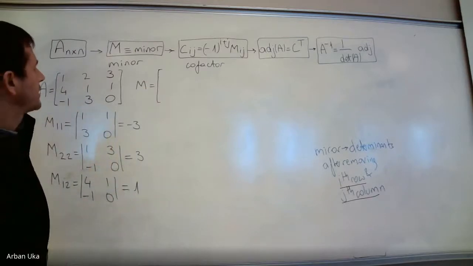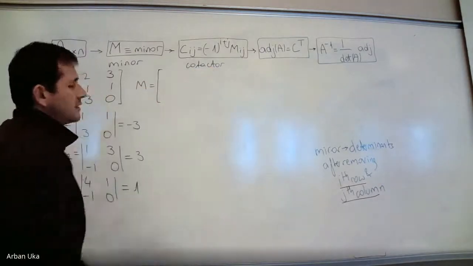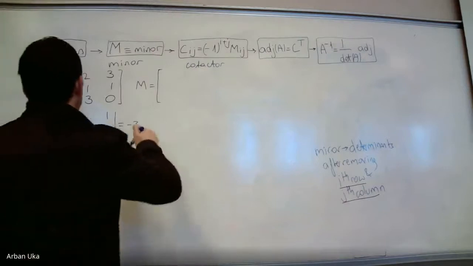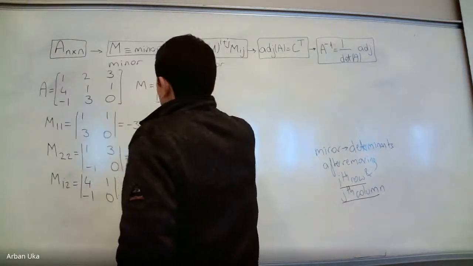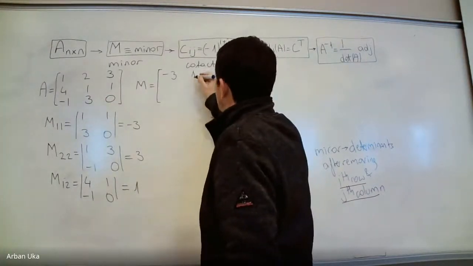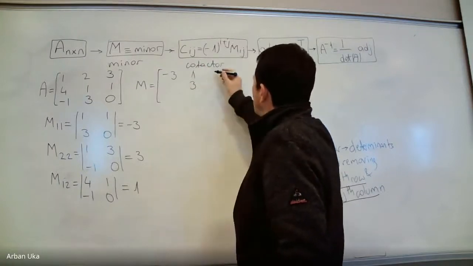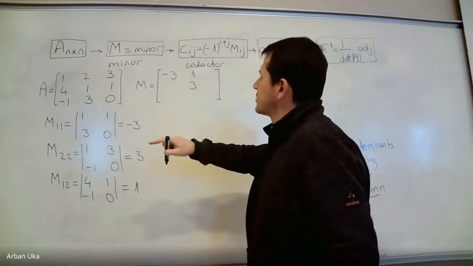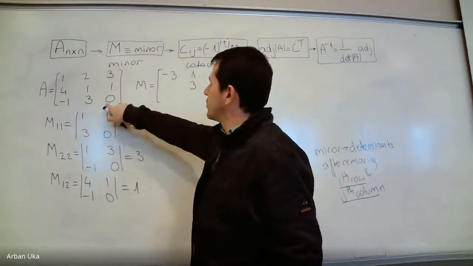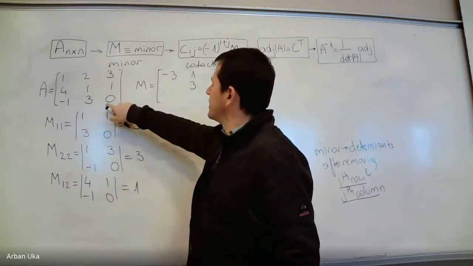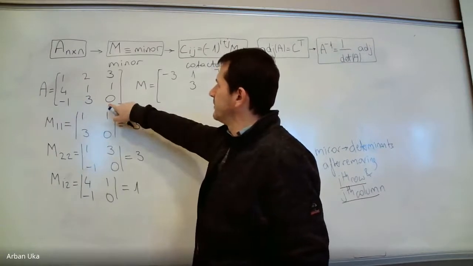Let's write these numbers here. So M is equal to minus 3, then 1, 2, this is 1. M22, this is 3. So we have to identify the rest. Can somebody find the minor element for this 0? What is it?